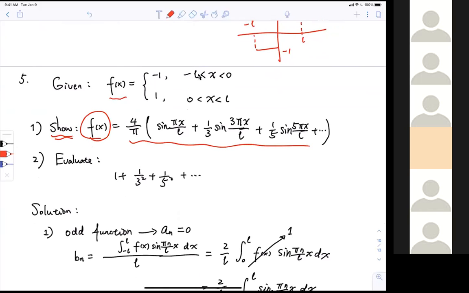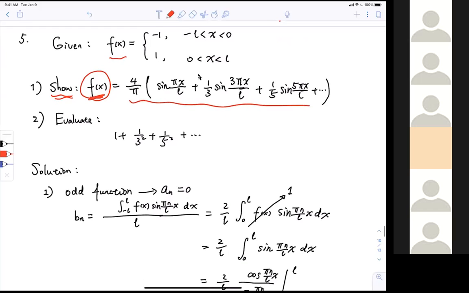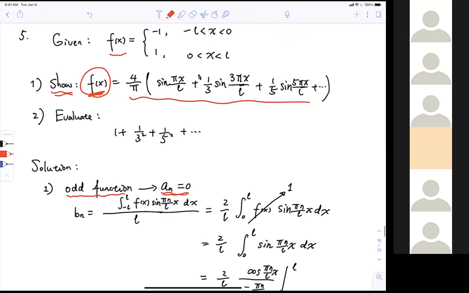It just tells us to do the Fourier expansion for this function. Because it's an odd function, the an vanish, so only the sine terms survive, and it's bn.